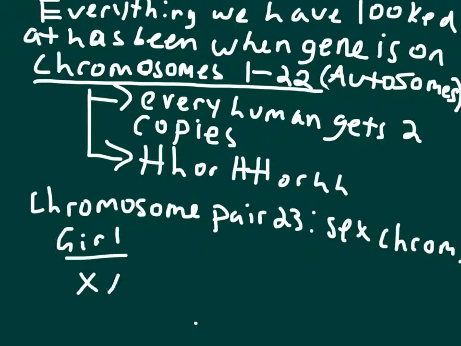Now here's the problem. There are genes located on the X chromosome that are really important. They determine whether or not you have certain diseases. They determine whether or not you're able to see color. And those occur on X. Girls get 2 copies because they have 2 X's, right?